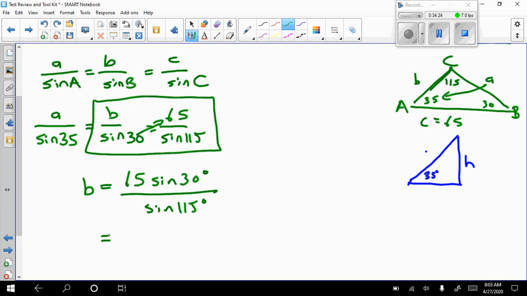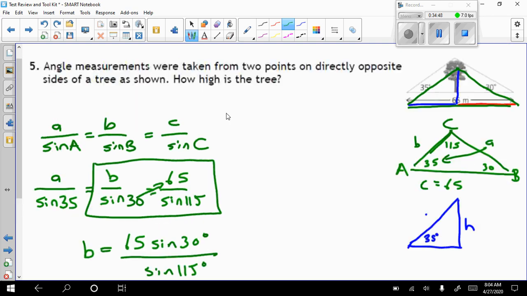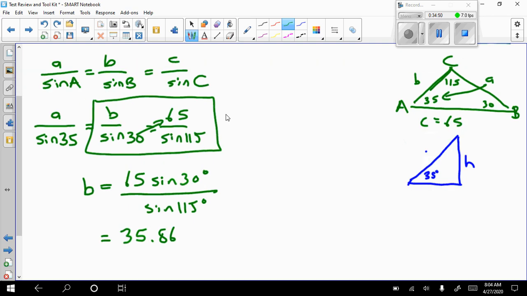And so I can go 65 times sine of 30 equals, divided by sine of 115. And I get an answer of 35.859. I'll go 35.86. Okay, and the original triangle was all in meters, I think. Yeah, so that's meters.